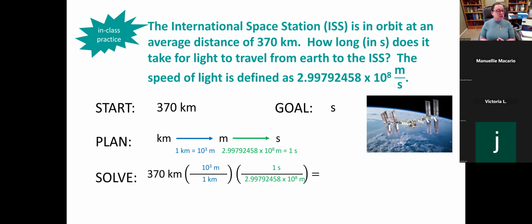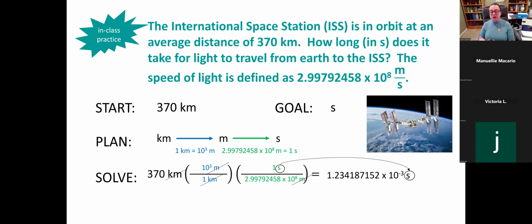Be careful, there's powers of 10, scientific notation in the bottom. Make sure you're using that EXP or EE button on your calculator. That'll avoid errors in powers of 10. And we're going to check that our units cancel before we get too far along. Our kilometers cancel, our meters cancel. We have seconds left over.